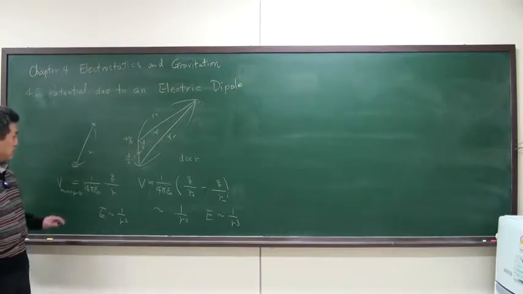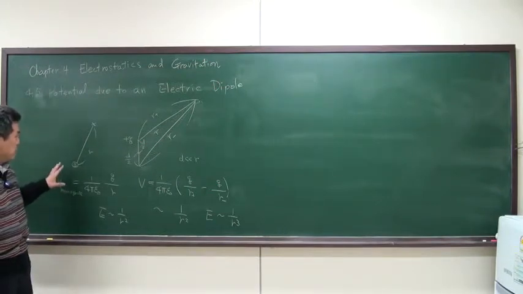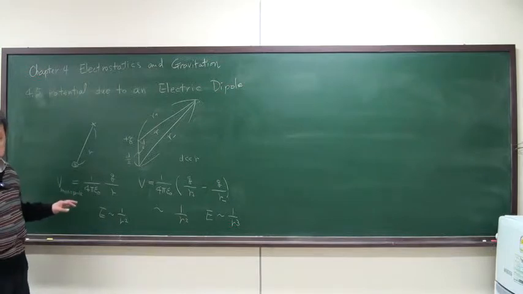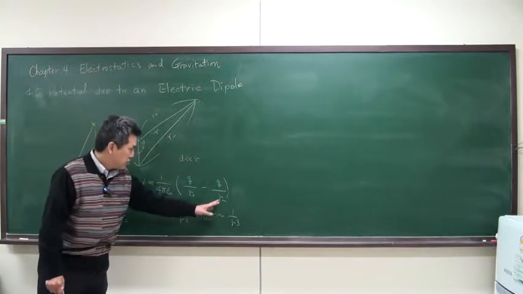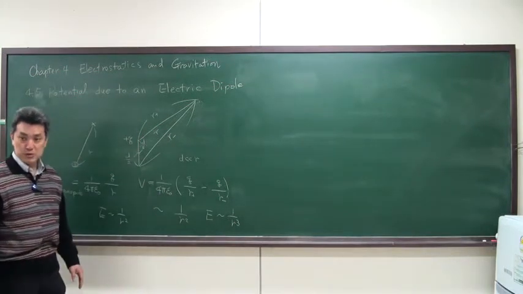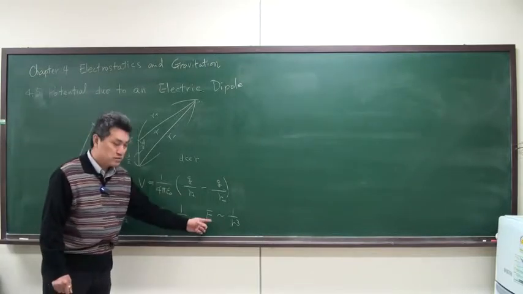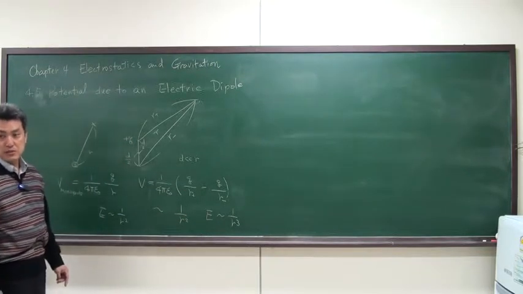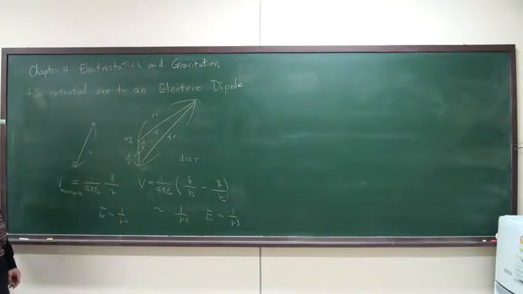So gravitational potential is always positive definite. So the sum of two contributions never cancelled, and the gravitational field is still depending on 1 over R squared.